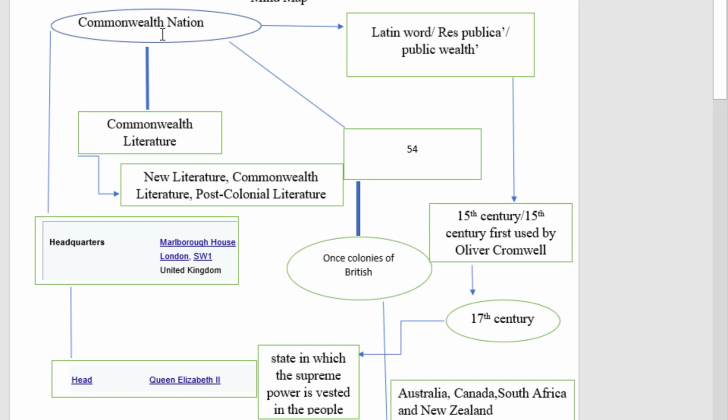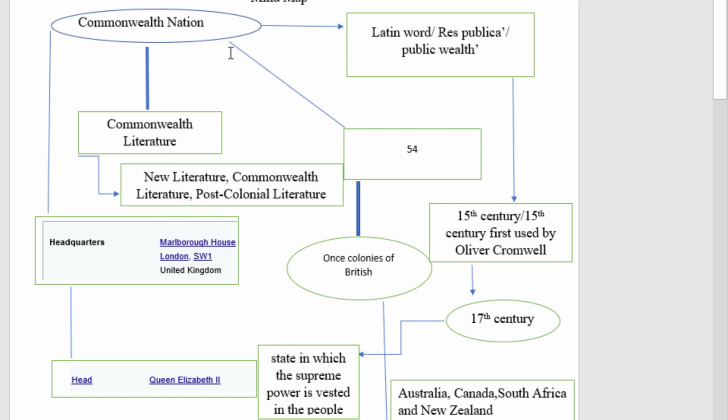And this word, Commonwealth, is a loose translation of the Latin word respublica, which means public wealth. The Commonwealth nations had one thing common to them, which was the English language. And the literature written in the Commonwealth came to be called Commonwealth literature. It also had other names: New Literature, Commonwealth Literature, Post-Colonial Literature.